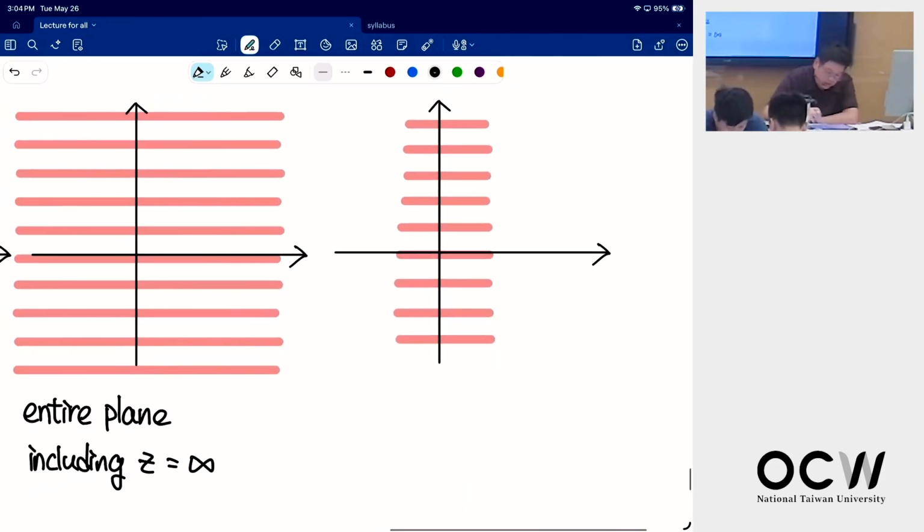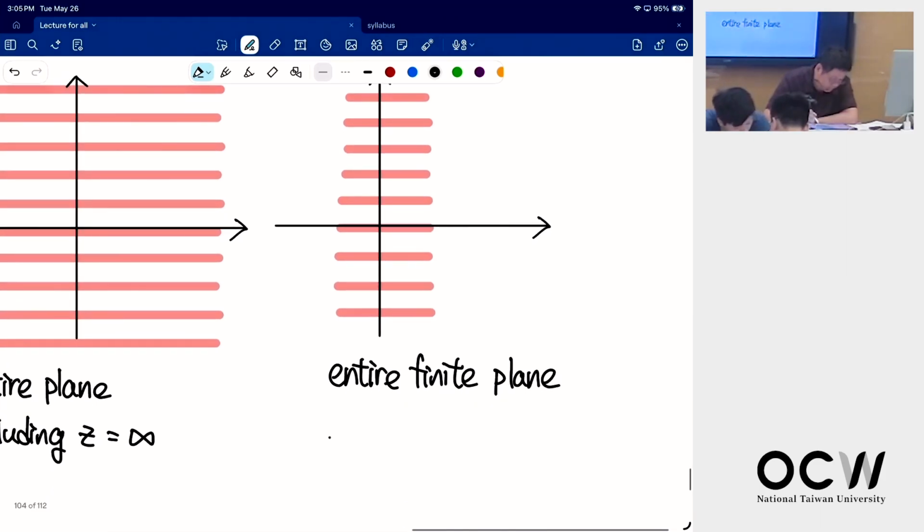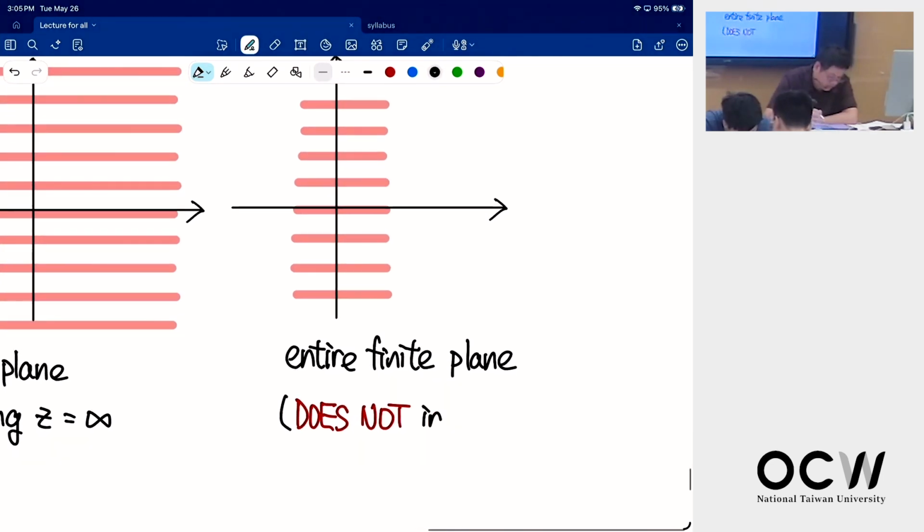And the last one is the entire finite plane. So that means I don't include the infinity.